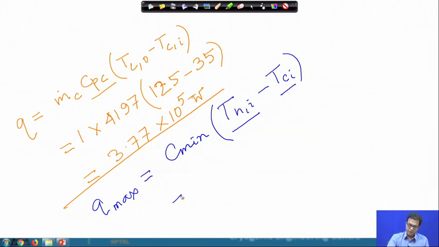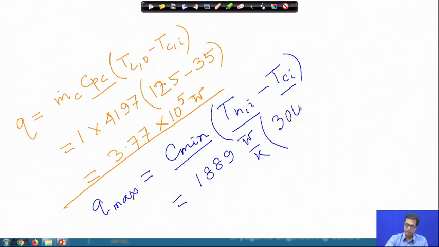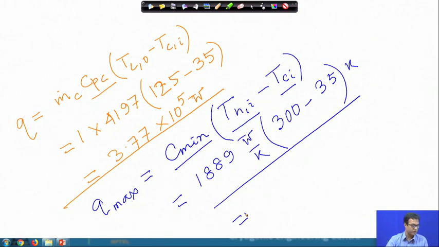We know the C min we have obtained to be 1889 watt per Kelvin, and T hot in is 300 minus T c in, that is 35 degree centigrade. So, this is the maximum heat that is possible to be transferred, and this will come out to be 5.01 into 10 to the power 5 watt.